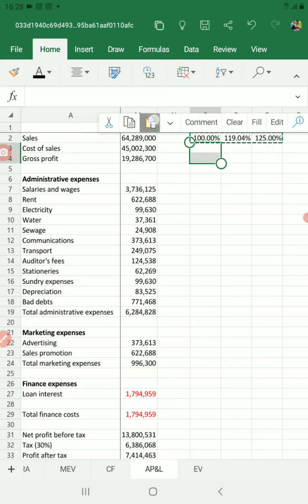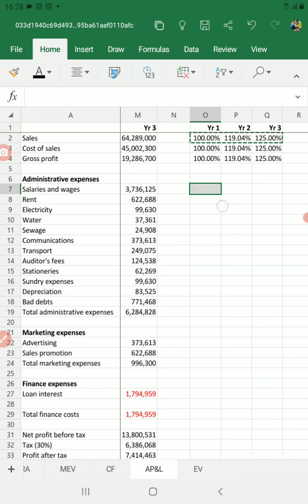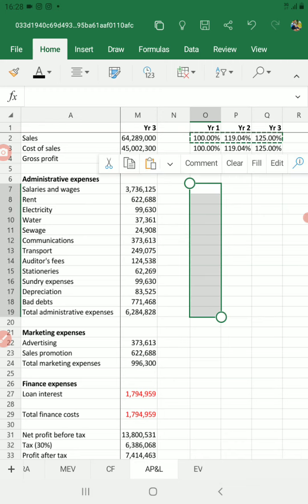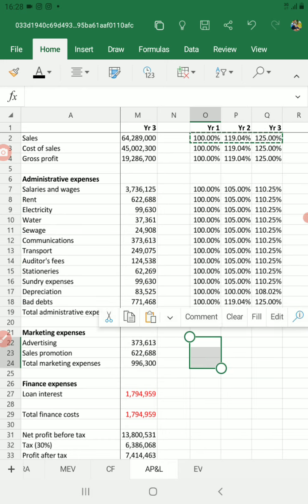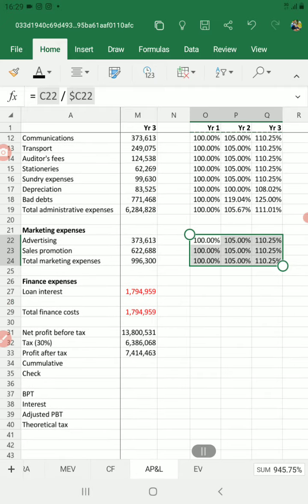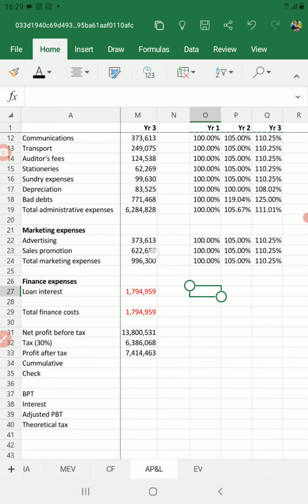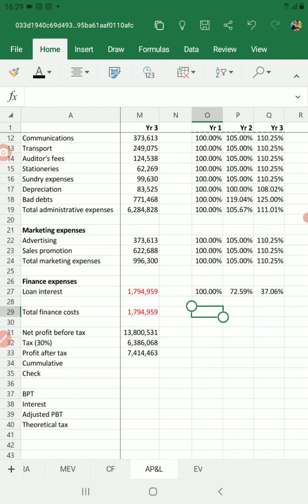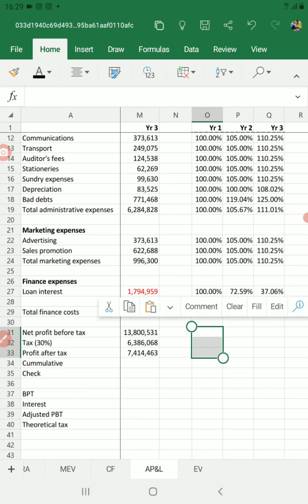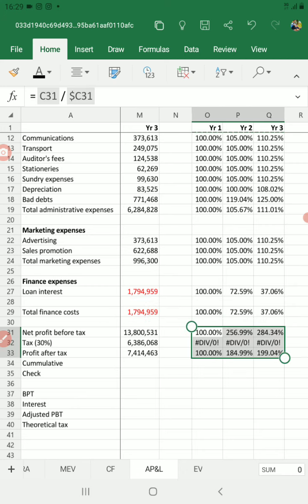So here I paste, here I select all these and paste, here I select all these and paste, here I paste, here paste, here select all these up to profit after tax, and paste.